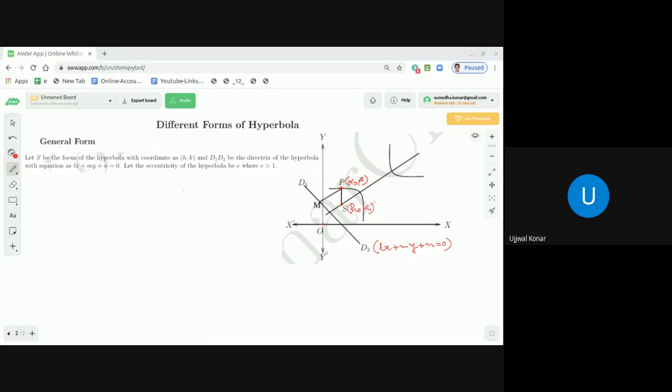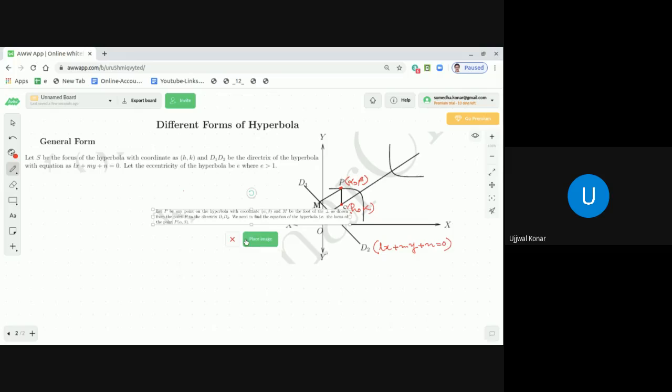Correct, dear students? So let P be a point on the hyperbola with coordinates alpha comma beta, and M be the foot of the perpendicular drawn from the point P to the directrix D1, D2.